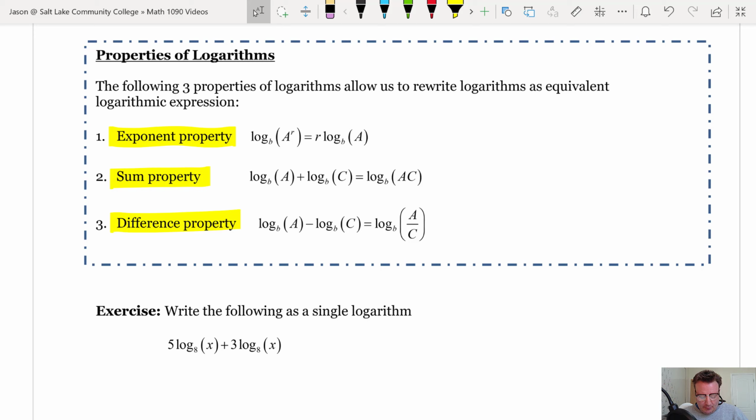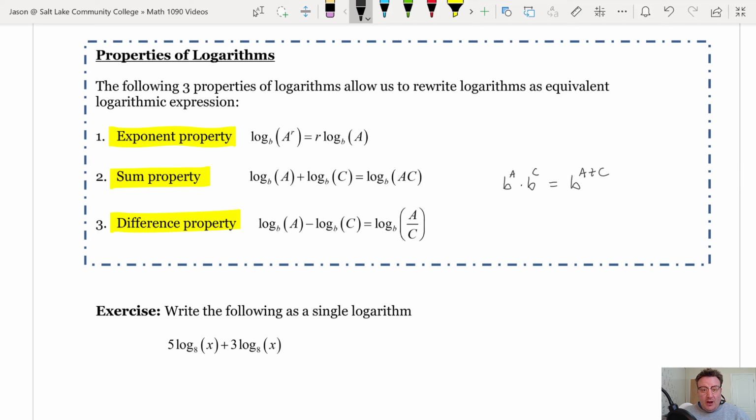What is the sum property though? Well, remember that if I have base b raised to the a power times base b raised to the c power, this is equal to b to the a plus c power. So that's a property of exponentials.